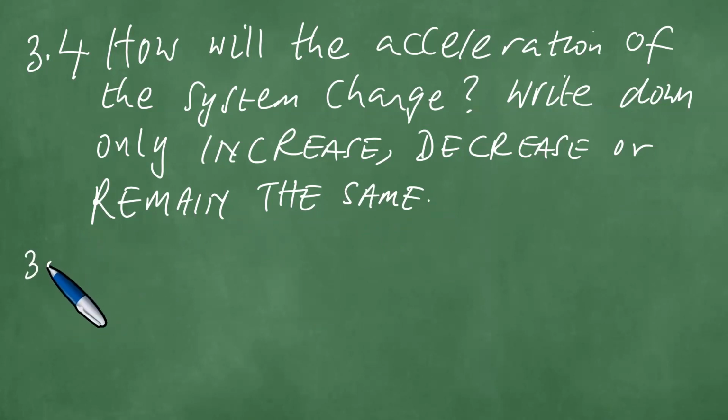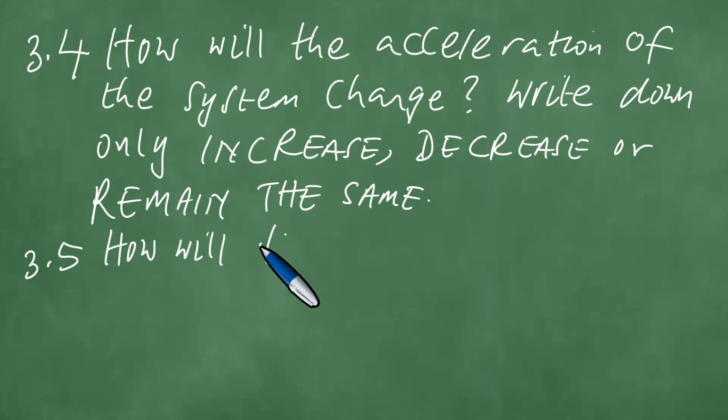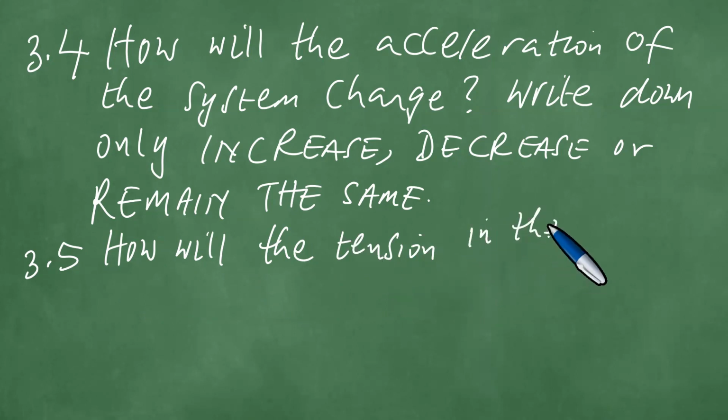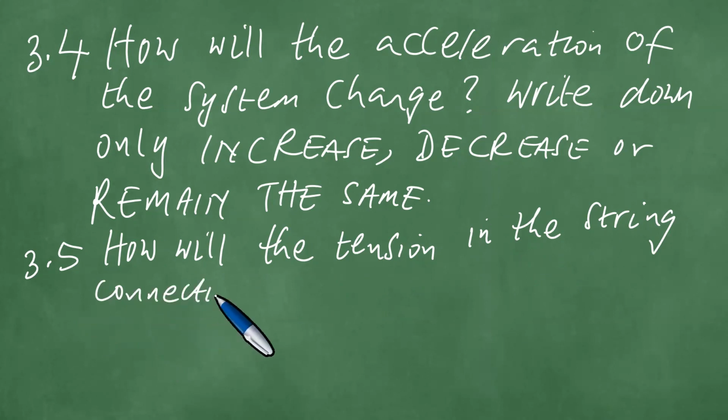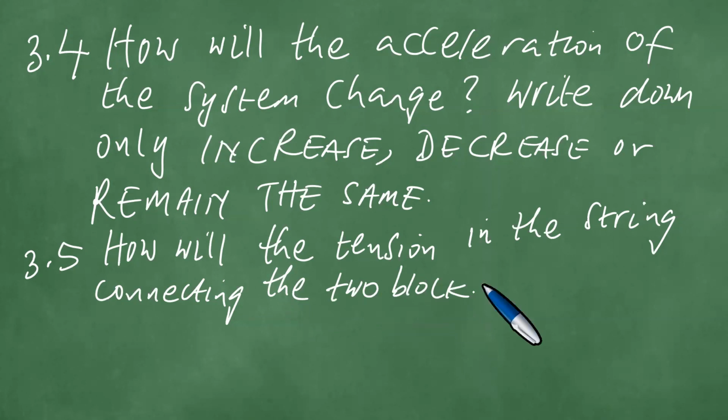Then we have 3.5 as well. How will the tension in the string connecting the two blocks change?